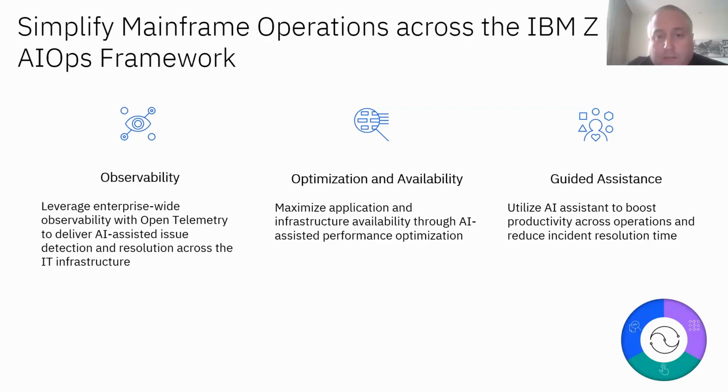So not only is OMEGAMON our core monitor, but the data that we get out of OMEGAMON is widely used across a lot of the different initiatives that we're doing across IBM Z in terms of observability. We also are quite focused on optimization and availability, making sure that our systems perform as optimized as possible, and then starting to leverage generative and agentic AI really to make very experienced mainframers much more productive, but also make the platform much more approachable for those that may be new to Z.